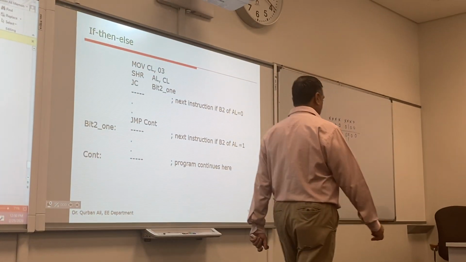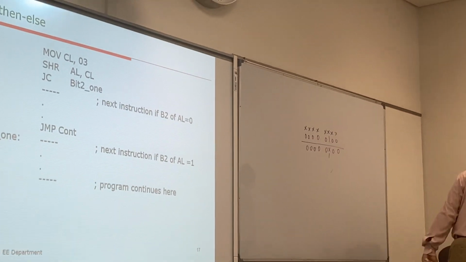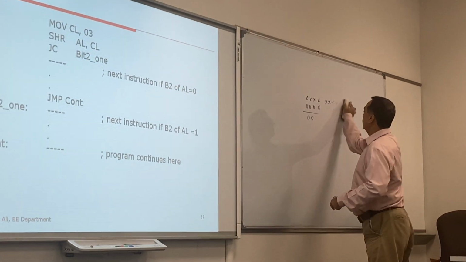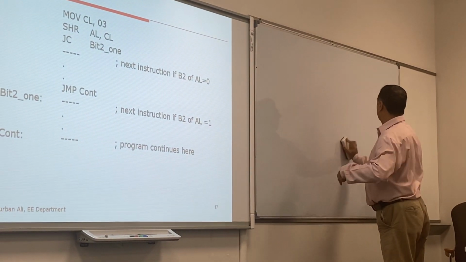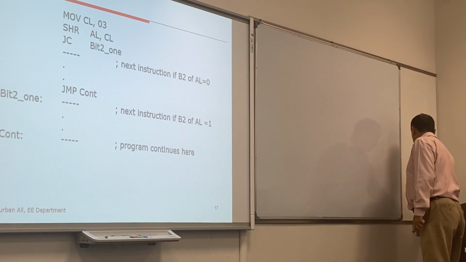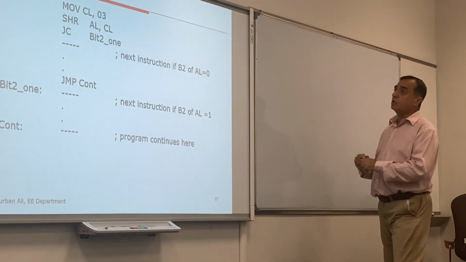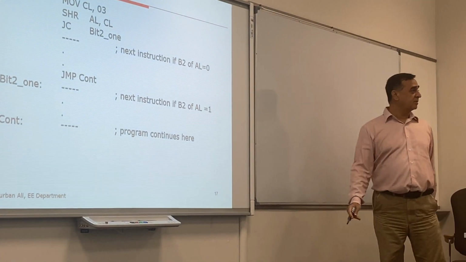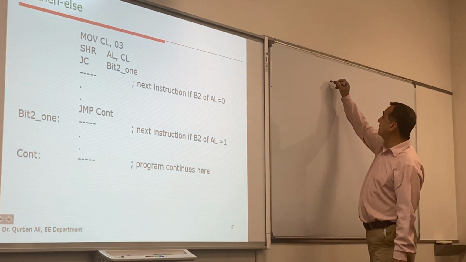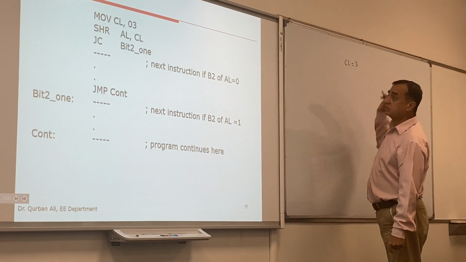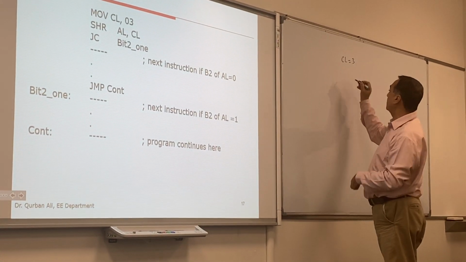How about this one? Try to understand this one. What is this one? Move 3 to CL, right? So CL is 3. Shift right AL by CL.